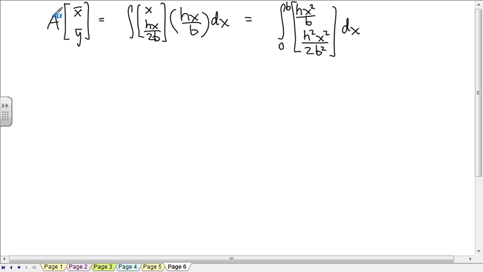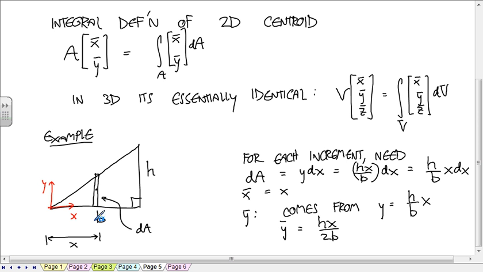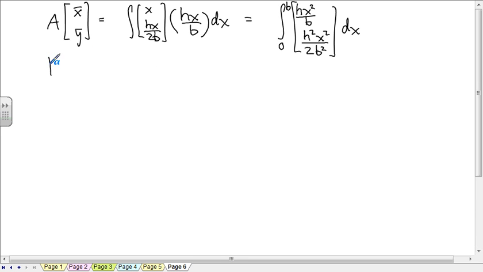And then I guess the last thing we have to do is calculate the area of that triangle. We can just use the triangle area formula. So that's just going to be bh over 2. Oops. And I'll rearrange it. So our centroid is going to be equal to 1 over the area.